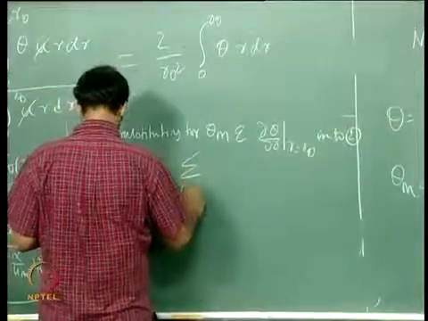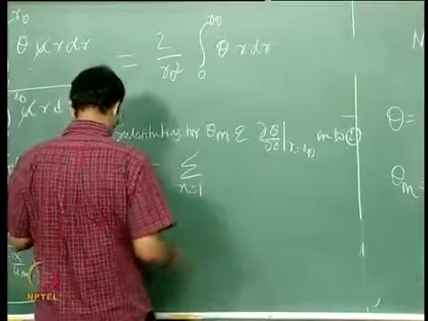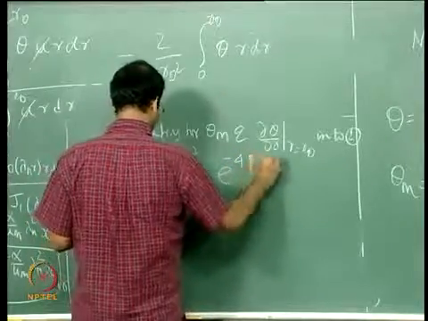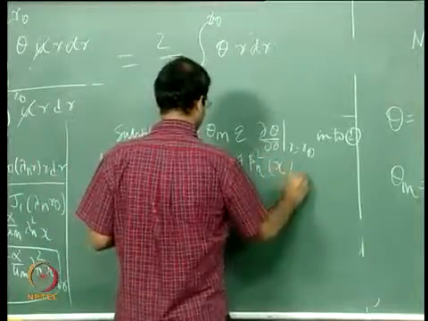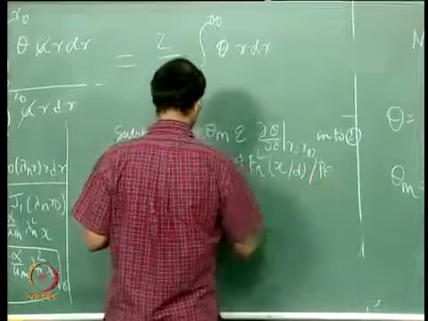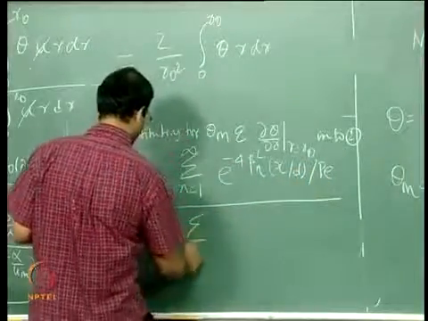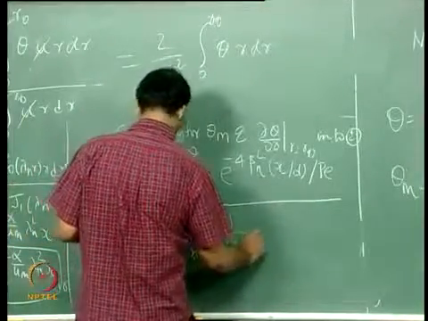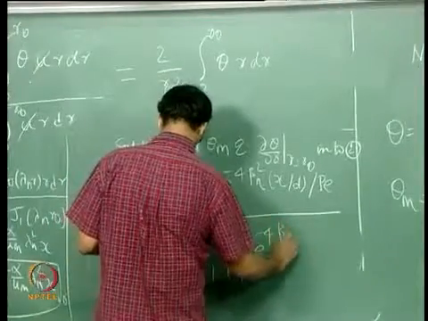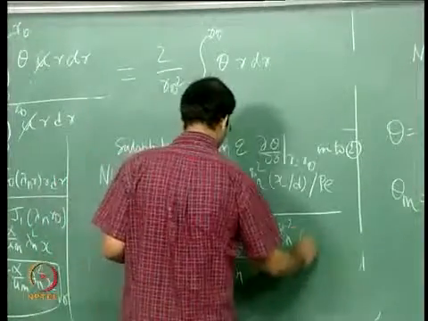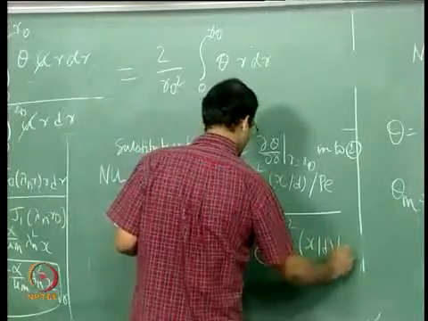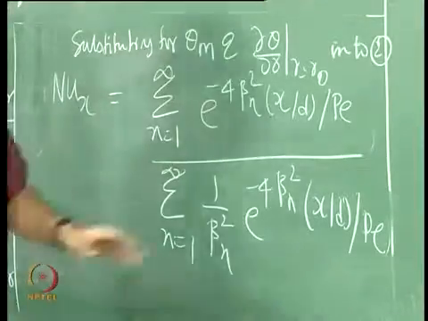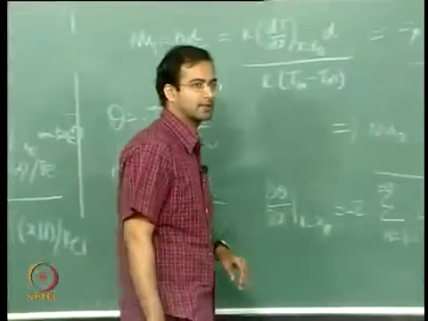The final expression, I think if you cancel off some common terms which is straightforward, you can do that, you will get minus 4 beta n square into x by d by Peclet number divided by summation n equal to 1 to infinity beta n square e power minus 4 beta n square into x by d by Peclet number. Okay, this is the final expression for Nusselt number as a function of x.